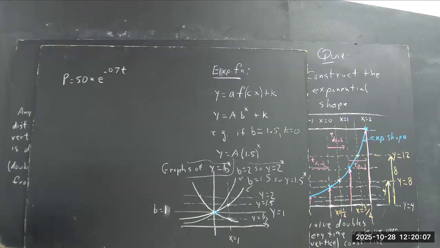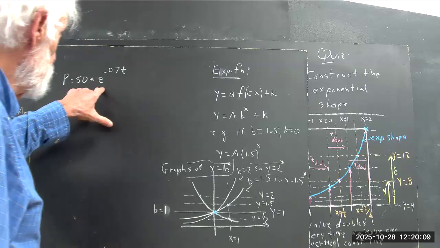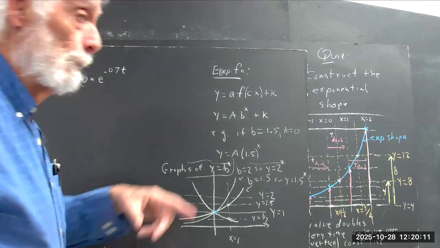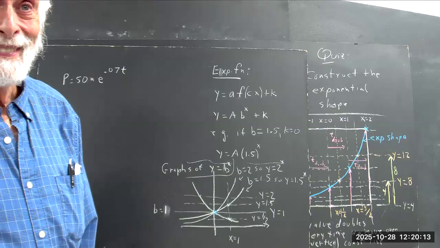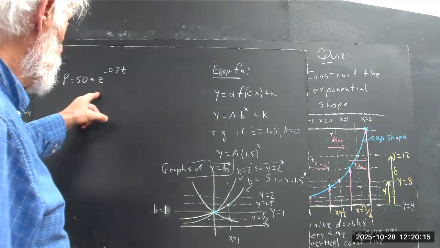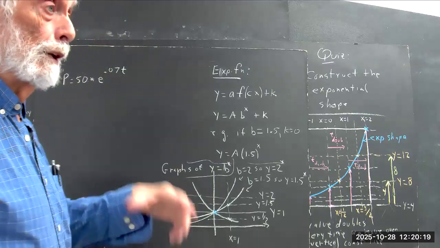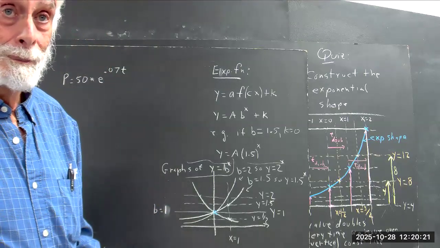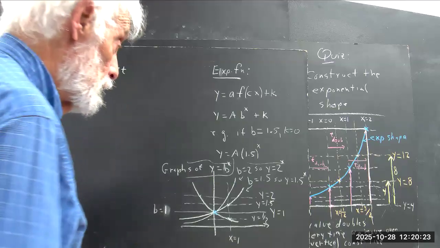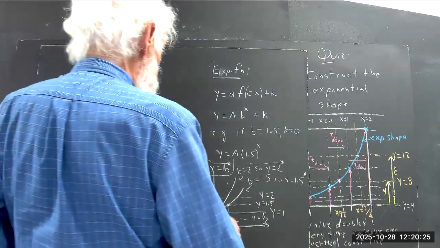Okay. Tell you just a little bit about e. It's a button on your calculator. You've got an e button on your calculator. And you can use it because you can't do the calculations by hand, except for very simple values of x.